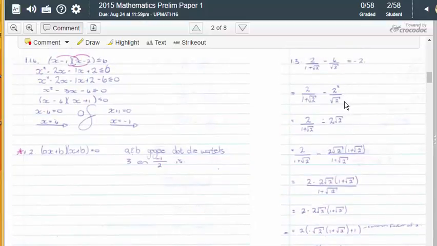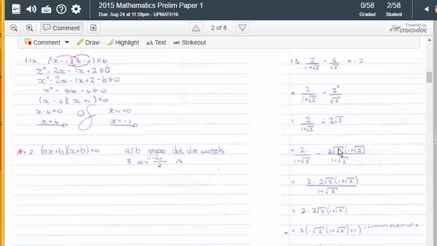So at the bottom we get square root 2 times square root 2 is 2, and the 2 cancels with the 4. So that's where the 2 comes from, and the square root 2 comes from multiplying top and bottom.